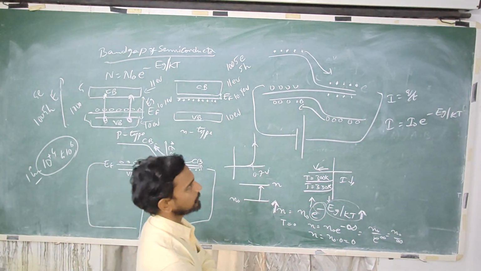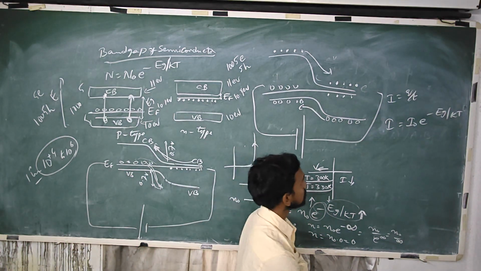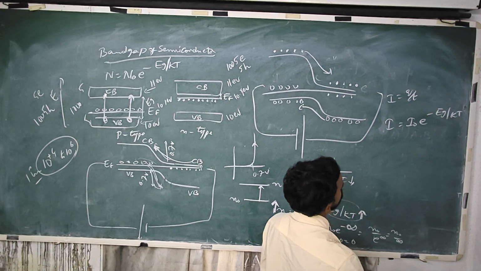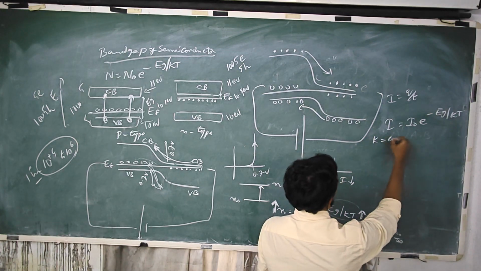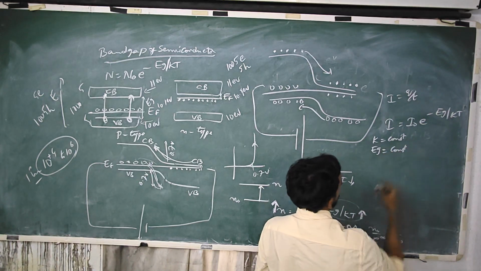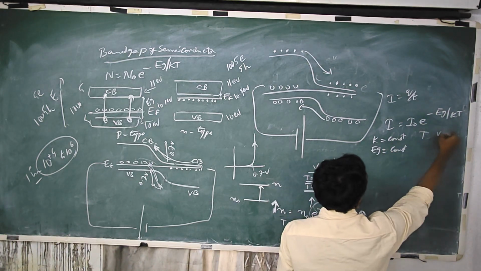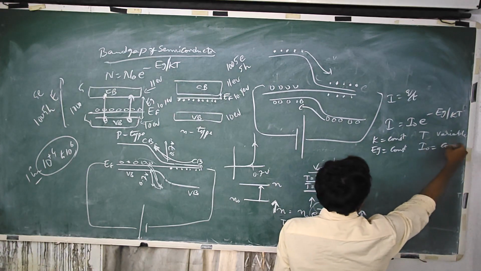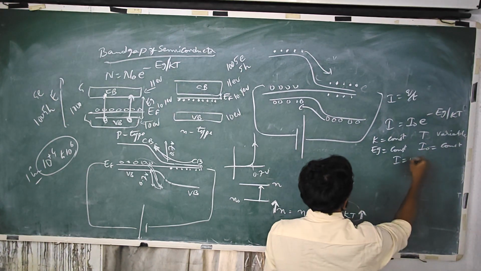So now, what are the variables and what are the constants? K is a constant. E is a constant. T is a variable. I naught is a constant. I is a variable.